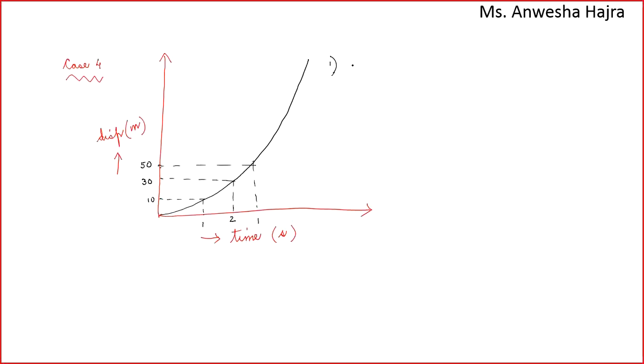So here displacement is increasing with time, definitely. So velocity is positive. Body is moving away from the starting point.